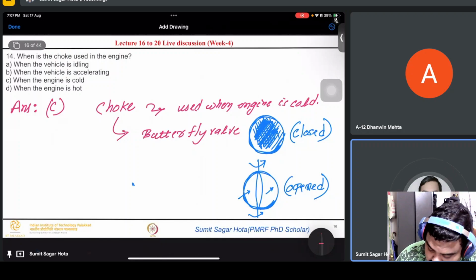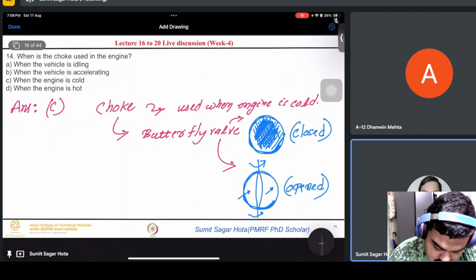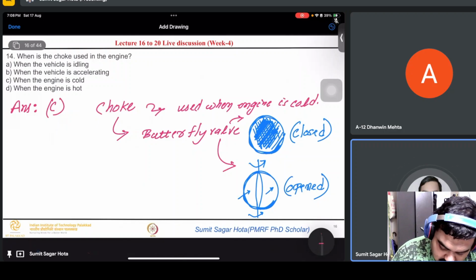So this is a butterfly valve. The choke is a butterfly valve.